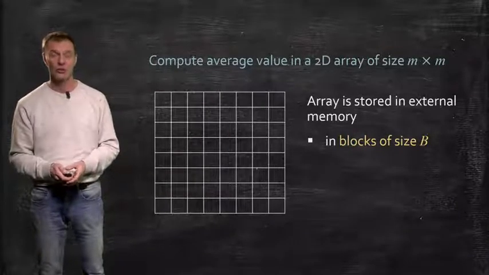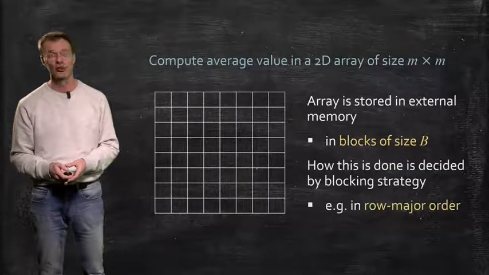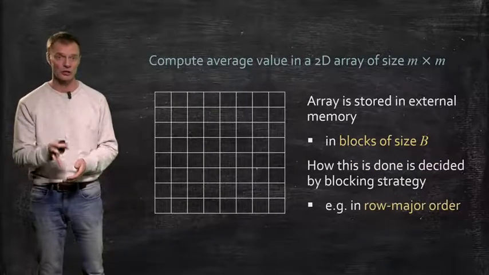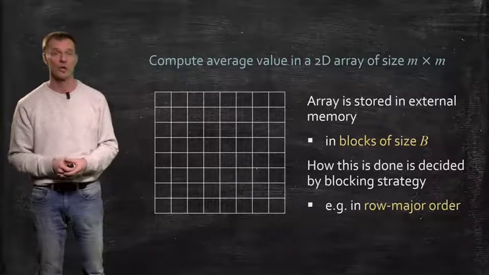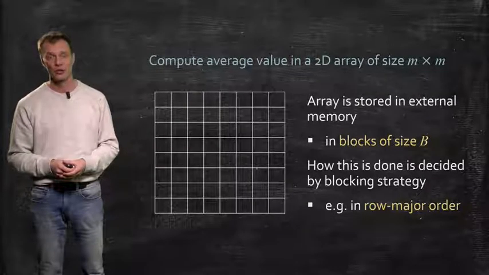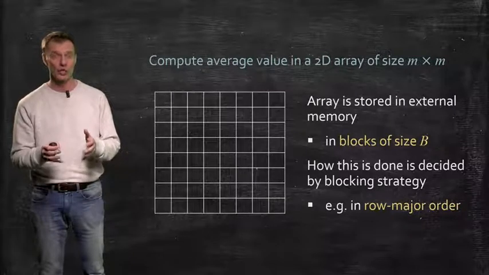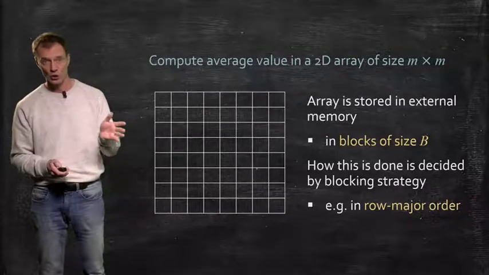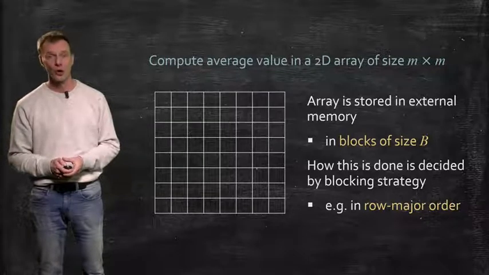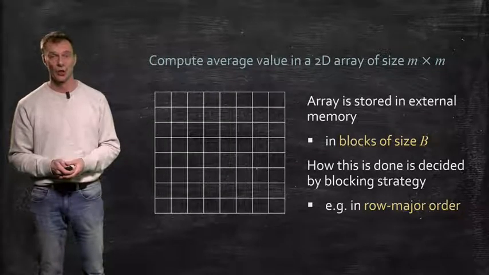How this is done, which elements are put together, is determined by what is called the blocking strategy. And for two-dimensional arrays, a standard strategy would be that blocks are formed in what is called row major order. So you simply go over the array row by row and form blocks in that way.